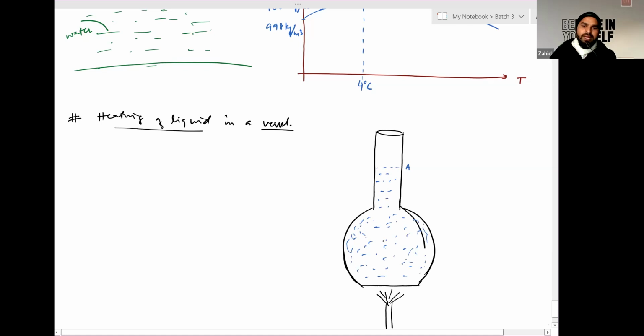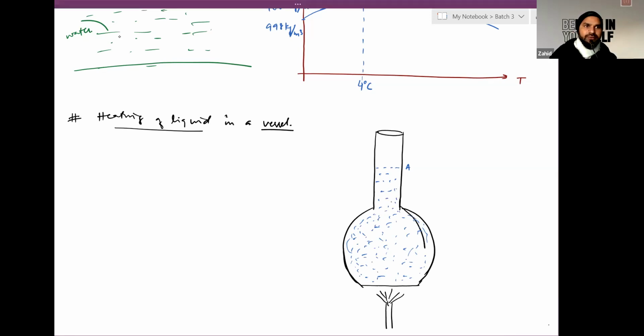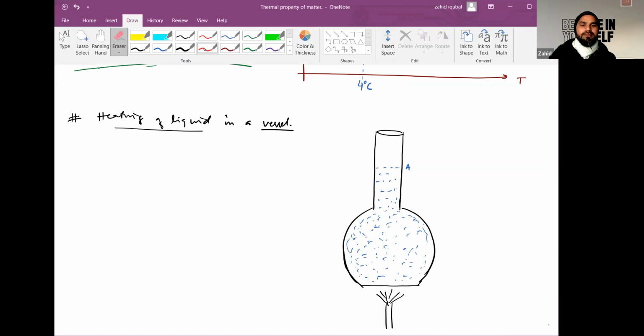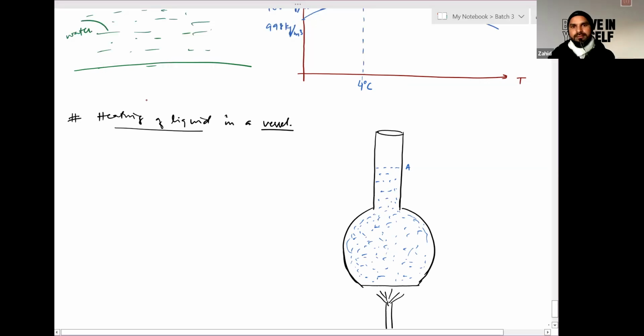So what will happen to this level of liquid initially on heating? Will the level of liquid increase or decrease on initial heating? We are considering before its evaporation. Riba, what will happen? Will the level of liquid increase or decrease, or remain the same?